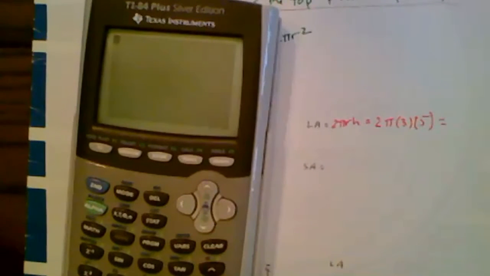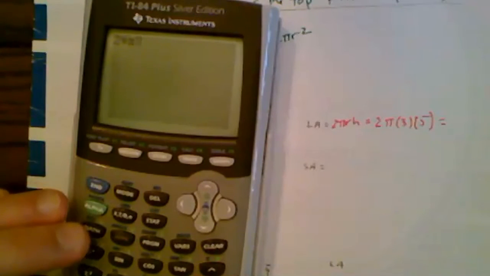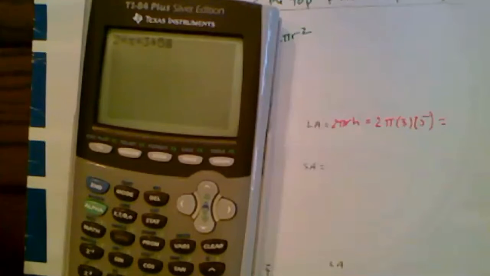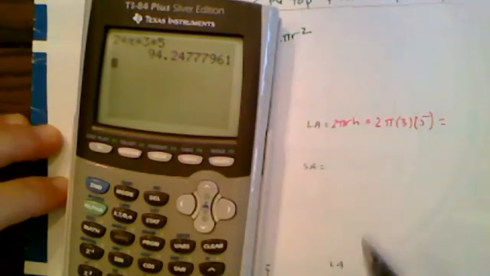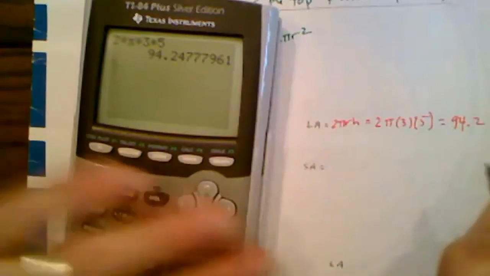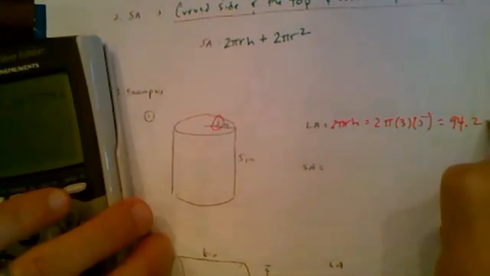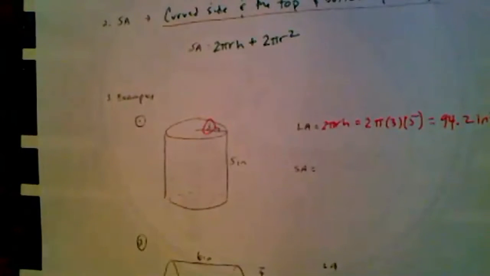And we'll round to the tenth on these. So let's see, 2 times pi times 3 times 5. So that is 94.2. There's a 4 behind it, so I don't have to go up. So that's 94.2. Do I have units on this? Inches squared. So that's the lateral area.